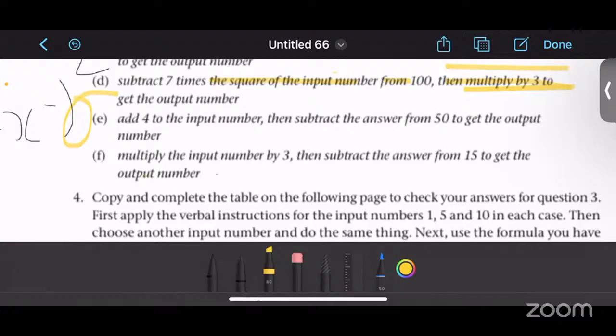Okay, Grace, E. Y is equal to bracket x plus 4 close bracket minus 50.